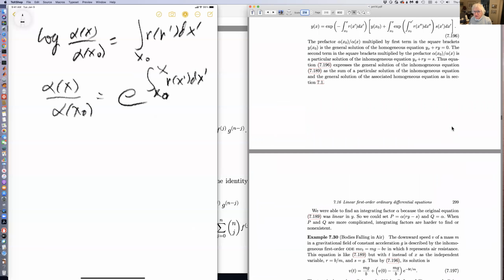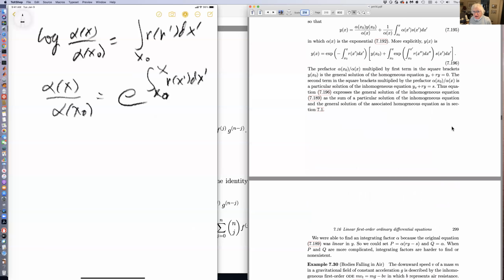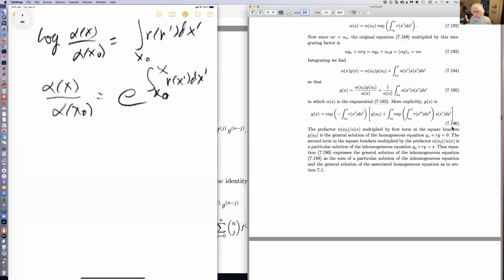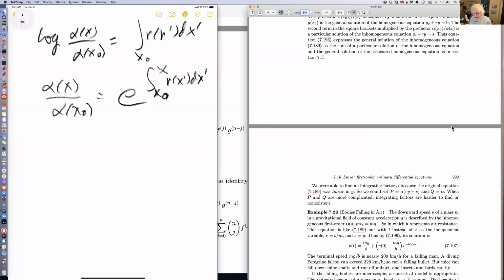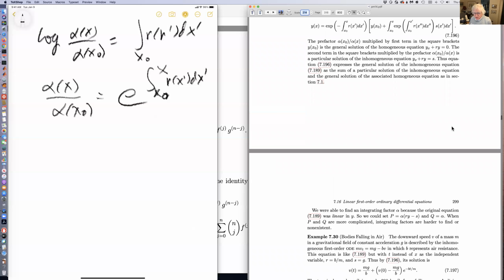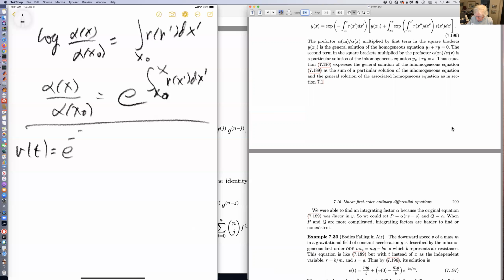Maybe I should do that because it's sort of amusing. So r is b over m, so let's see, maybe I should get alpha first. Well, maybe I'll just go to the final solution. So in this case, v of t would be equal to e to the minus an integral from t0 to t of r, and r is just b over m, dt prime.